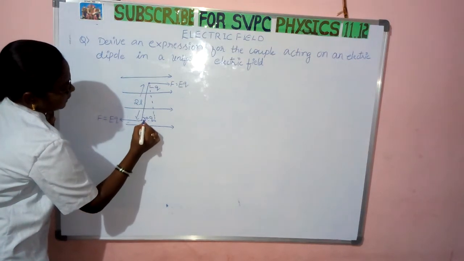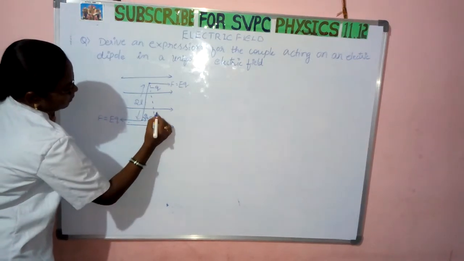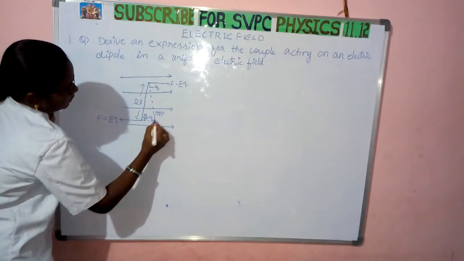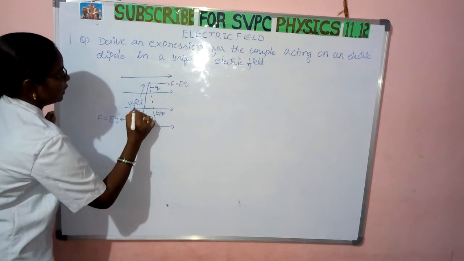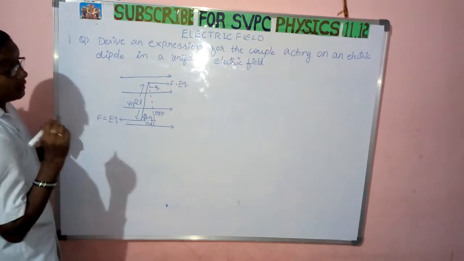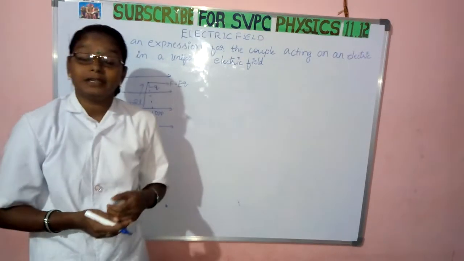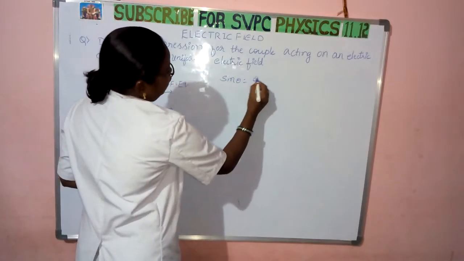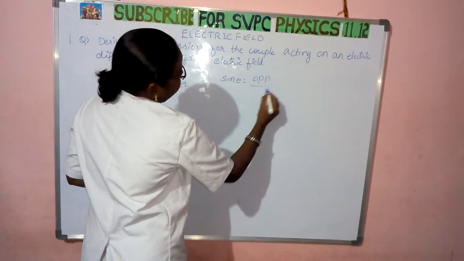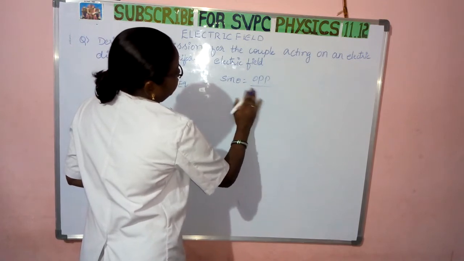This becomes theta, right? If this is theta, this is the opposite side, this is the adjacent side and this is the hypotenuse. If I want the trigonometric function sine theta, then sine theta is equal to opposite side by hypotenuse.